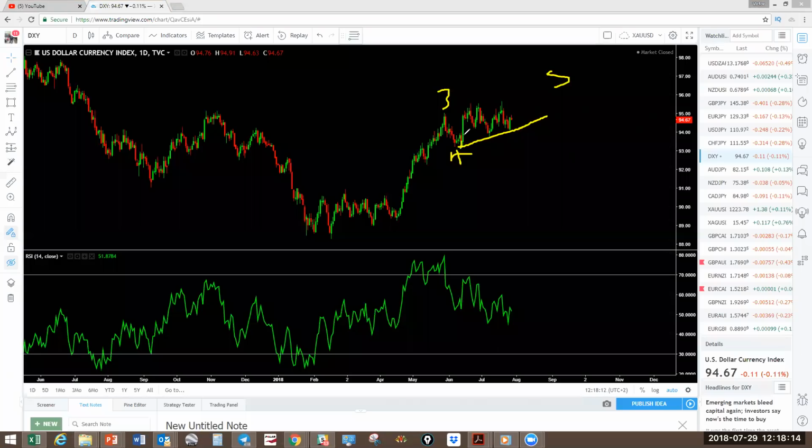And your wave 5 will be 1, 2, 3, possibly 4 or 5, like that. And if that is the case, look at the confirmation that this is actually your wave 5. This is your confirmation. Look how deep this divergence is.